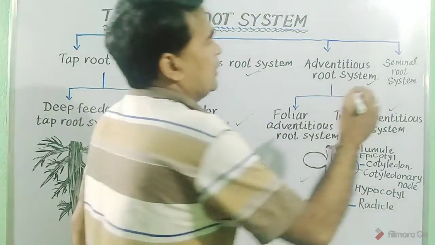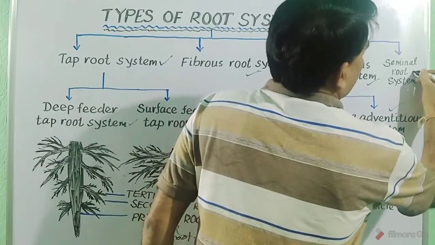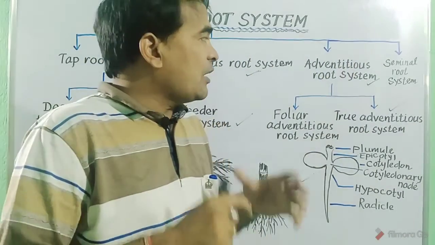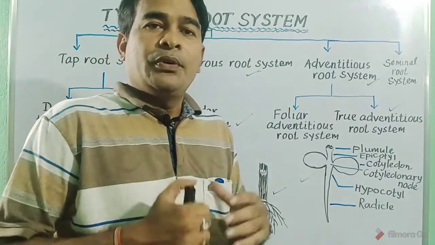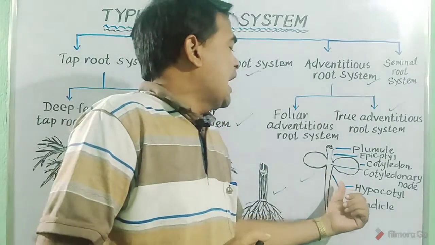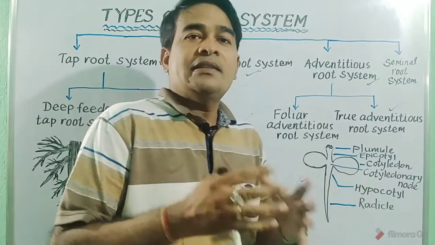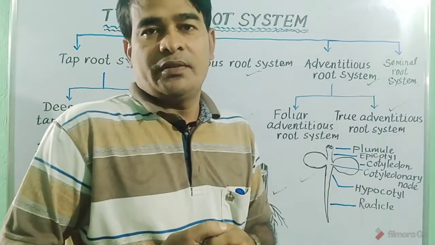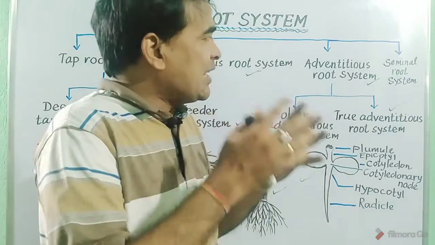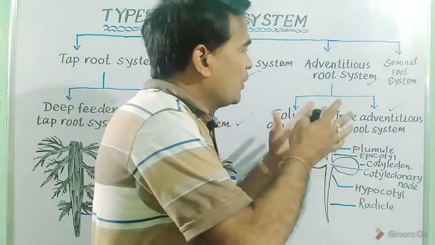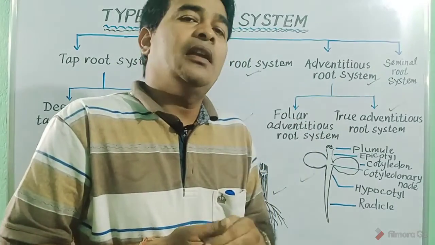Next, we will study about seminal root system. Seminal roots are those roots which develop from the hypocotyl even when the hypocotyl is in embryonic condition. And this type of root system is found in grasses.